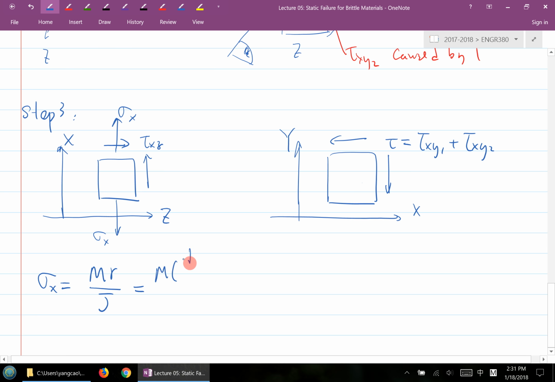The r here essentially is half of the diameter, and the I here is pi d to the power 4 divided by 64. So d is 1.5, and M you calculated is 6,000 pound-force inch. So you have the two numbers already. Plug it in, and you get this much psi of normal stress.